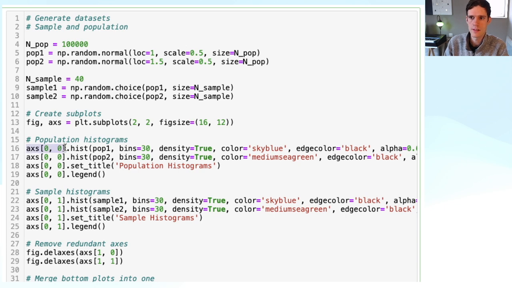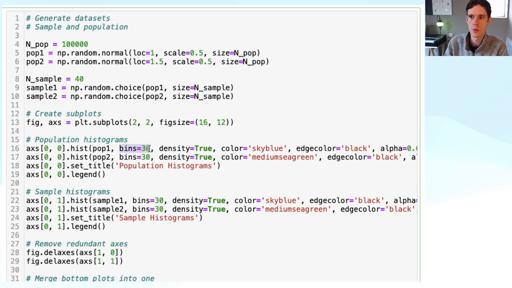We take the axis on which we want to visualize this histogram and we add .hist. Now the .hist function takes in all of the parameters that we want to give to our histogram visualization. The first one is of course the data. In our case, our data is a Python array with 100,000 randomly generated numbers.